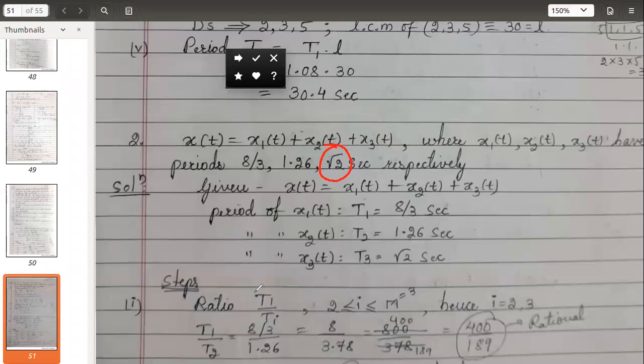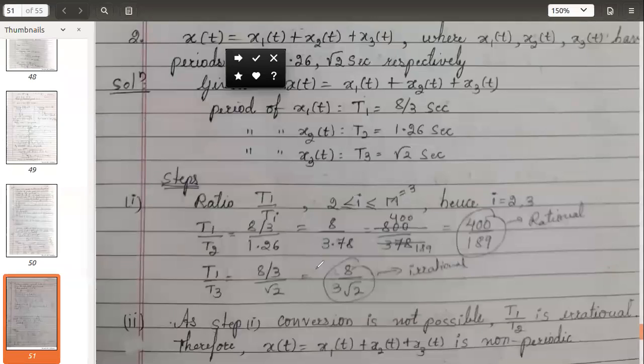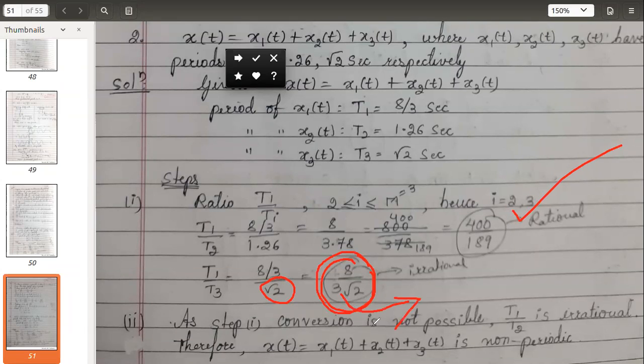If you take the ratio, it is not a rational ratio. The first ratio, no doubt, will be rational, but when you take T1 by T3, there is √2. Numbers of this form, the root form, are irrational numbers.